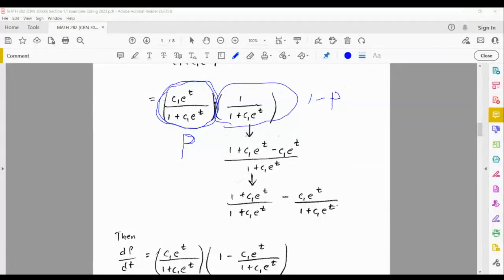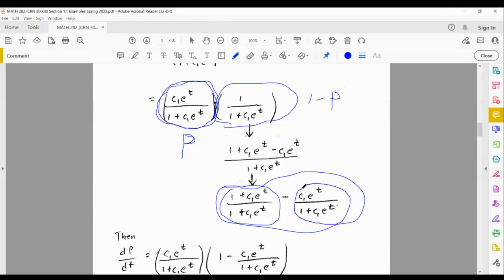And then you can rewrite that fraction as the difference of these two fractions. And what is this here? Well, this is just equal to 1, and this is just equal to p. This is just equal to p, and this is just equal to 1.